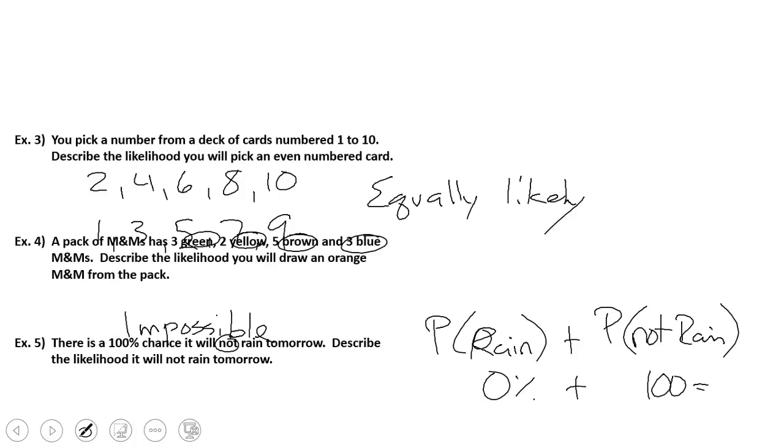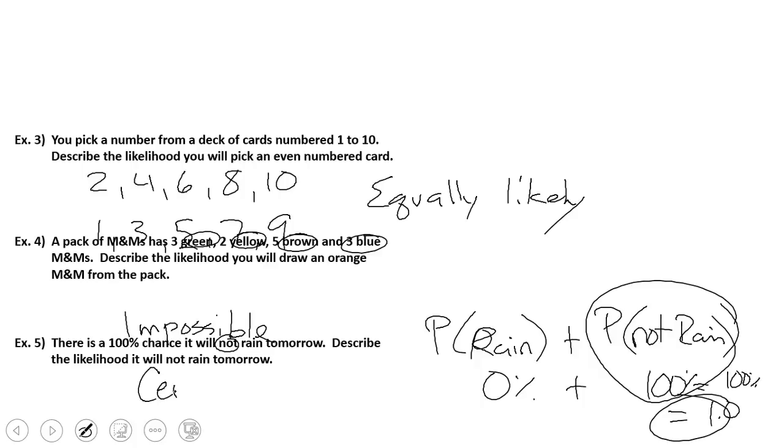When you add those two together, you get 100%. As a decimal, that's 1.0. So the probability of complementary events is equal to 1. Anyway, the probability it will not rain is 100%, so that means it's certain. It's going to happen.